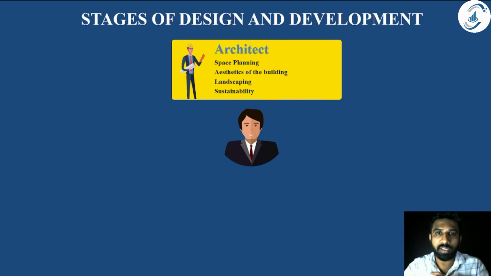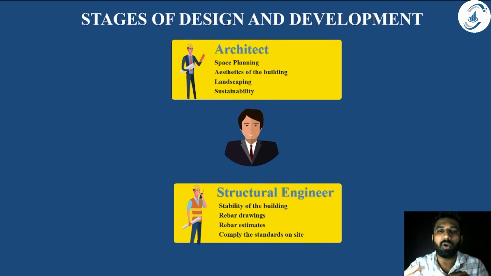Now these drawings that are produced by the architect are passed on to the structural engineer. So what is the role of a structural engineer now? He has to look after the stability of the building.